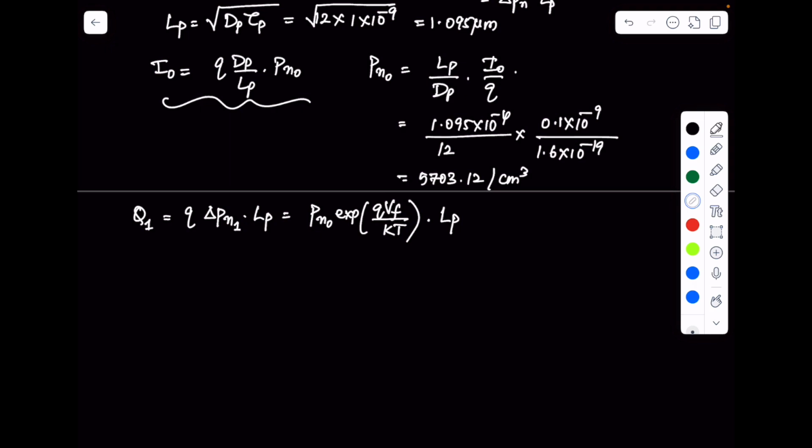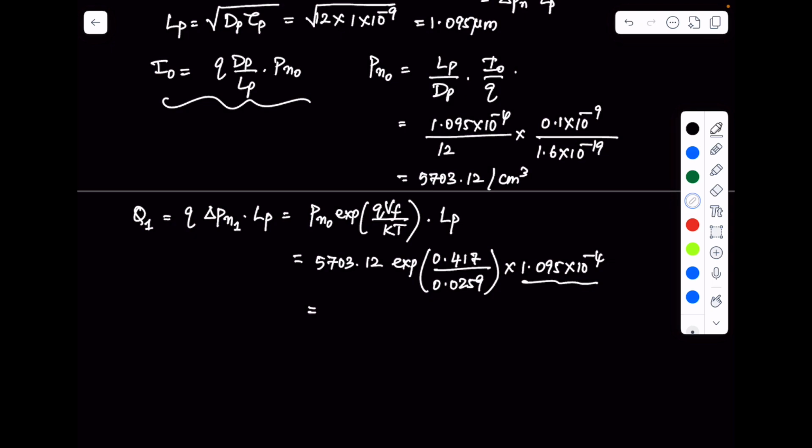So when I substitute that, I'm going to get 5703.2 exponent of 0.417 divided by 0.0259, into 1.095 into 10 power minus 4, right? Because that's your Lp. And that works out to 9.816 into 10 power minus 13 coulombs per centimeter squared.